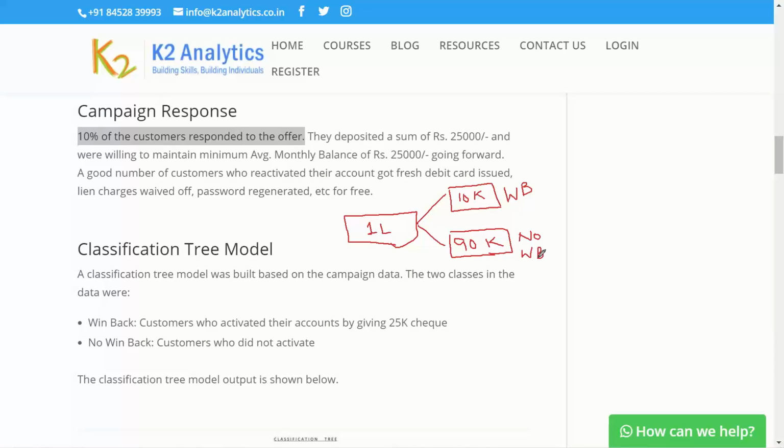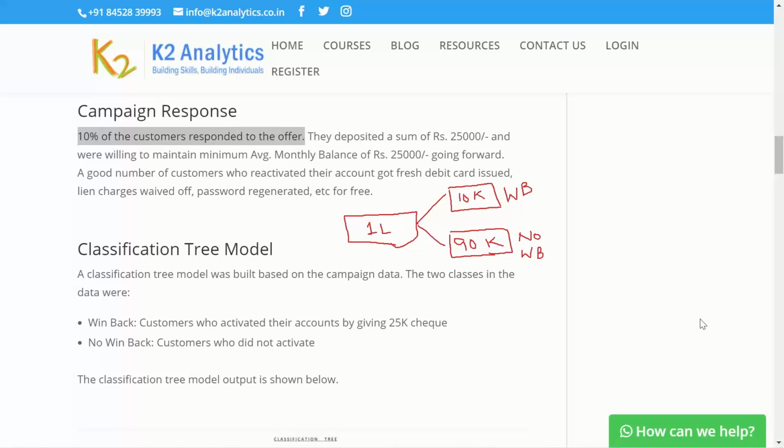I have all the historical data of these 1 lakh customers to whom the campaign was sent. This becomes my input. The output of the campaign, win back or no win back, which customer activated and which customer did not, is also available with me. So this becomes a supervised learning problem. And for a supervised learning problem, where you have 2 or more classes as your output, we can use a classification tree.